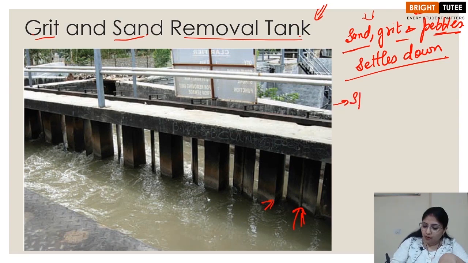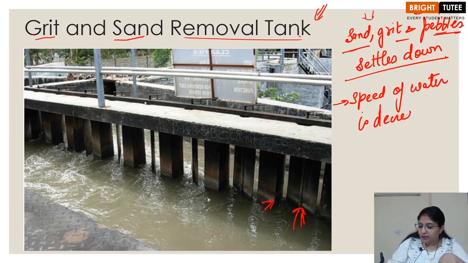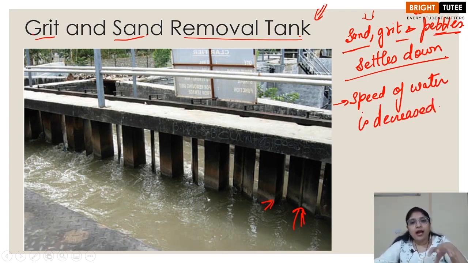Over here, the speed of water is decreased. Why is it decreased? Because we want to give time to these particles that are present inside the water to settle down. I'm pretty sure some of you must have gone and seen the rivers. If you've gone to Haridwar or Rishikesh, you will see they are fast flowing rivers, and especially during the rainy season, they bring along dirt and soil particles with them.